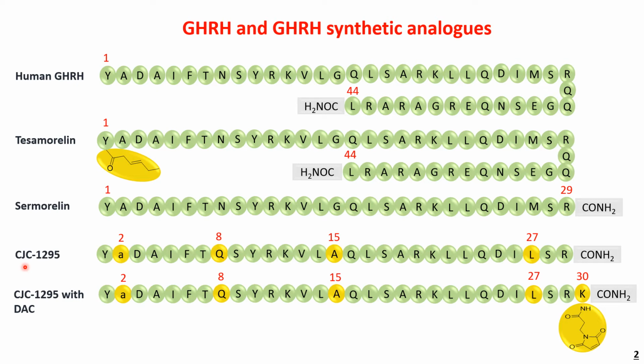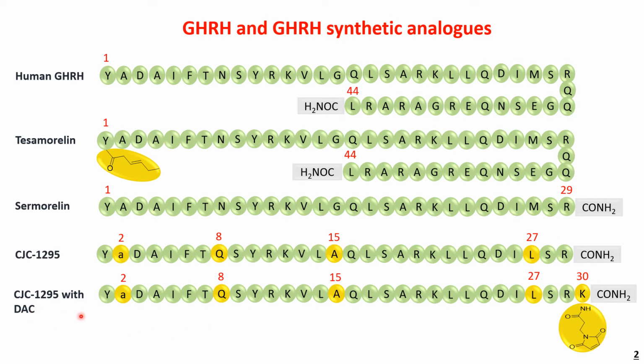CJC-1295 is a modified version of the shortest fragment of GHRH with substitutions of 4 amino acids. D-alanine in position 2 instead of L-alanine, glutamine in position 8 instead of asparagine, L-alanine in position 15 instead of glycine, and leucine in position 27 instead of methionine.